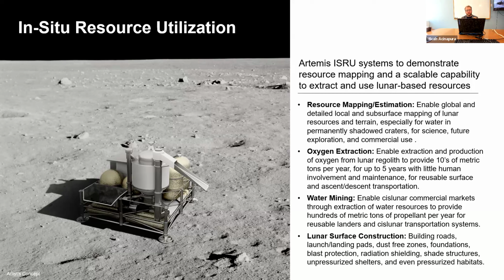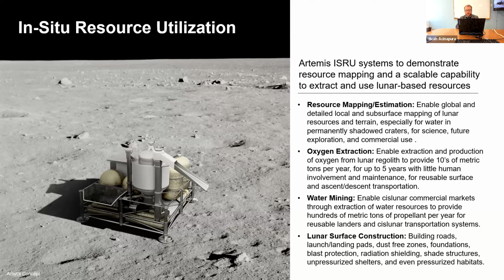You could think one day that if we can extract these and then put them into industrial processes, we can build roads on the moon, and launching and landing pads, which are very important because instead of all this dust every time we take off and land, we can actually build a real landing pad. Then you don't need to worry about all of these ejecta going everywhere, and you can just have your landing pad, which can be reusable. That means that you can actually build your civilization closer to where you land, because you don't need to worry about the dust getting kicked up everywhere.